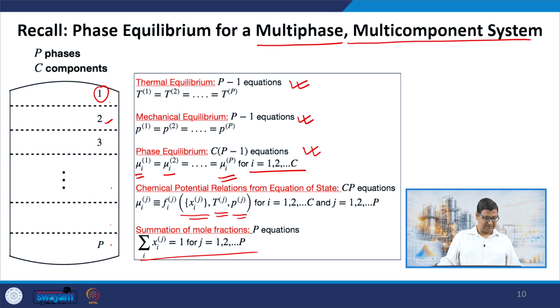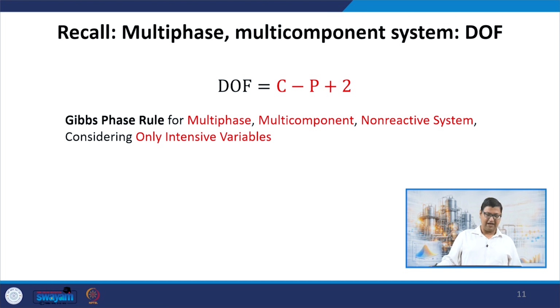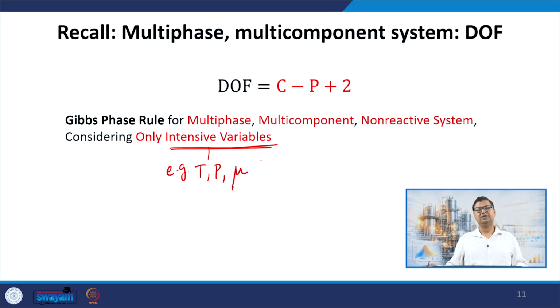So based on these conditions, we have derived what is known as the Gibbs phase rule for a multi-phase, multi-component, non-reactive system, considering only the intensive variables first. These are the quantities that do not depend on the quantity of material. For example, the temperature, pressure, and chemical potential don't depend on the quantity, and therefore these are intensive variables.